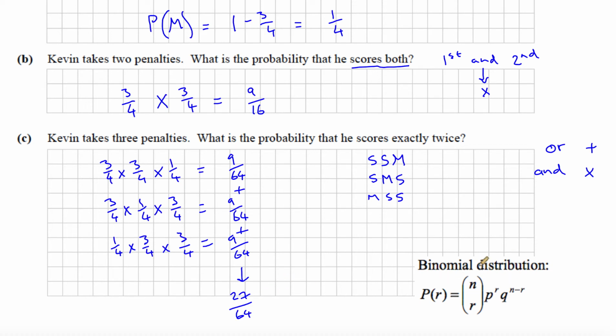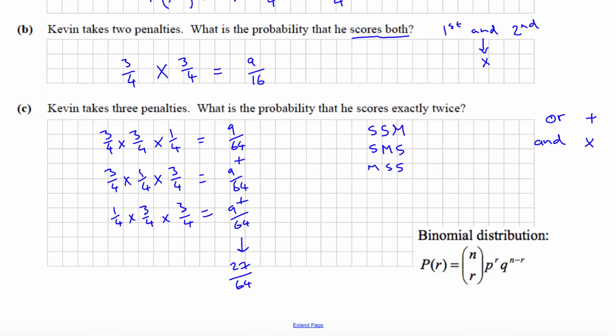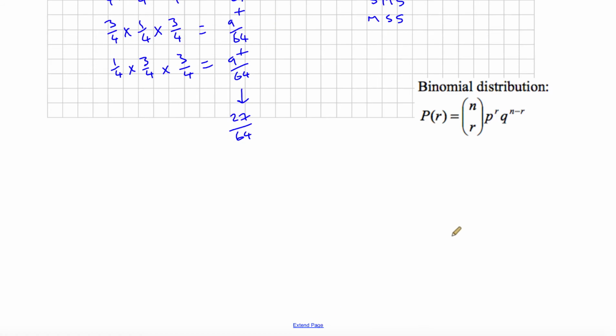If you're going to use the binomial distribution, you just need to remember a couple of things. P is the probability of success, which in our case we would say is a score. So P would be the probability of success if you're doing it with this formula. P is 3/4. Q is the probability of failure, which in our case would be a miss, which is 1/4.